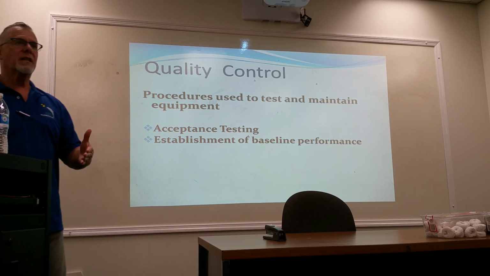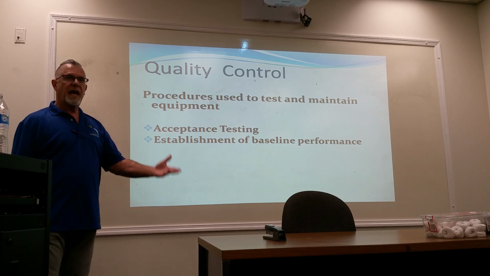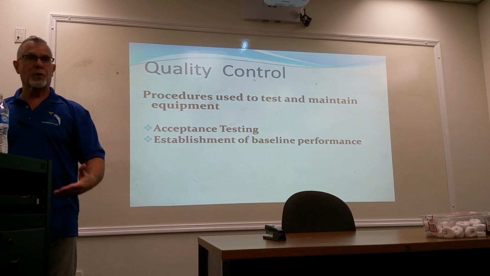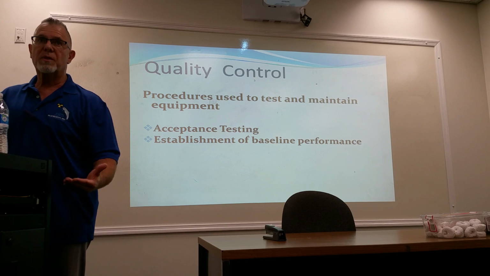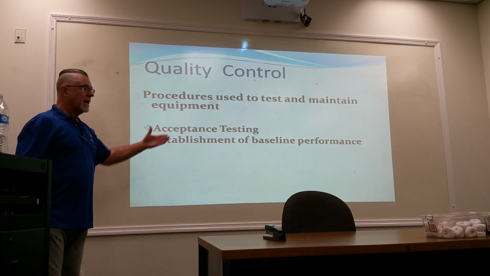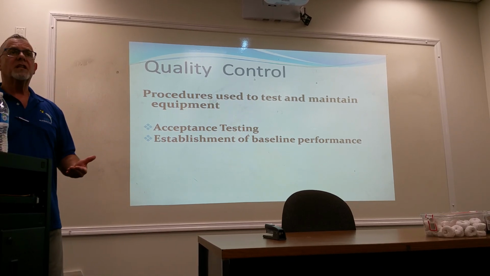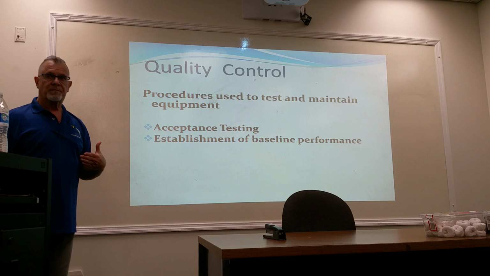So now you have something that when you test that equipment at whatever interval you do, whether it's annual, semi-annual, quarterly, or for California, some things, weekly, you have a baseline. So you can always go back and look at that and say, has there been a change? Is the change significant enough to bring service in?